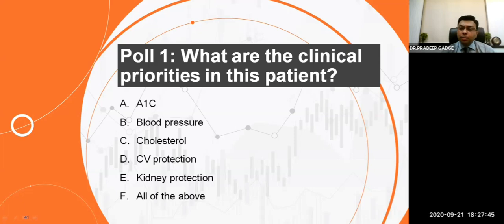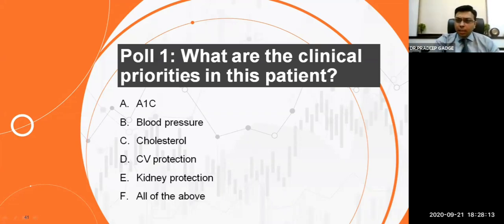A dual blocker means significant SGLT2 inhibition and significant SGLT1 inhibition also. Canagliflozin has SGLT2 inhibition and a minuscule SGLT1 inhibitor action also. It is not very prominent like sotagliflozin, which is actually a dual SGLT1 and SGLT2 inhibitor. I hope that answers the query.